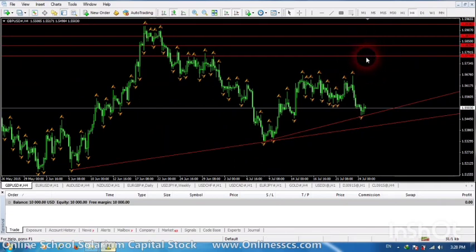And when these pivots are broken, I can take a buy order and I can put my stop loss below the pivot, and I can put my take profit where my next pivot is. And when it's broken again, I can take another buy order and put my stop loss below the pivot and go on like that.